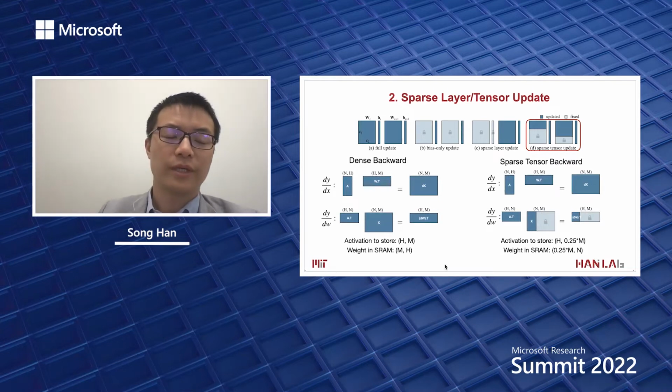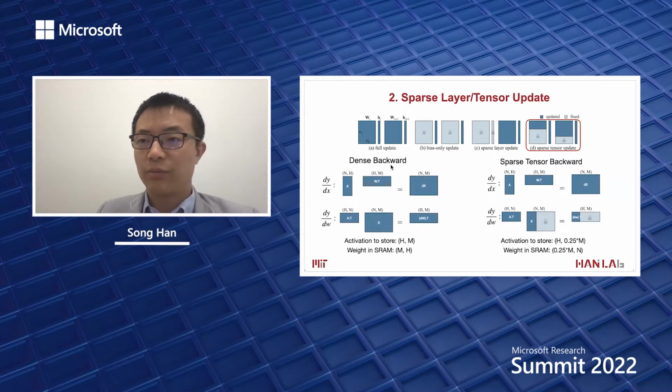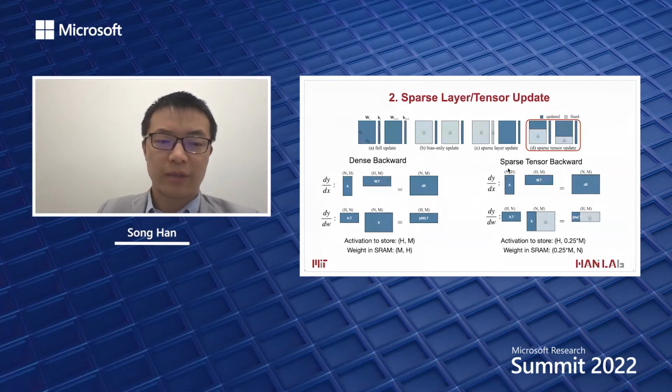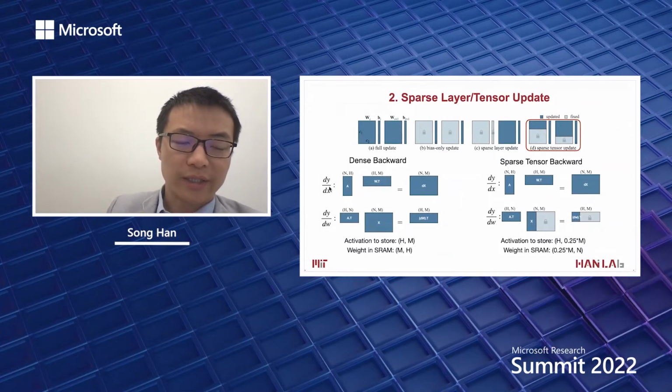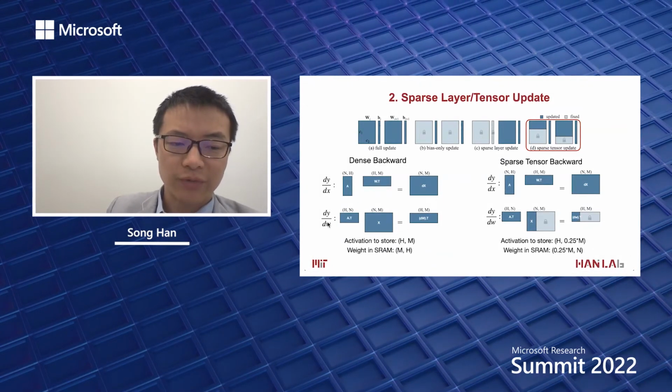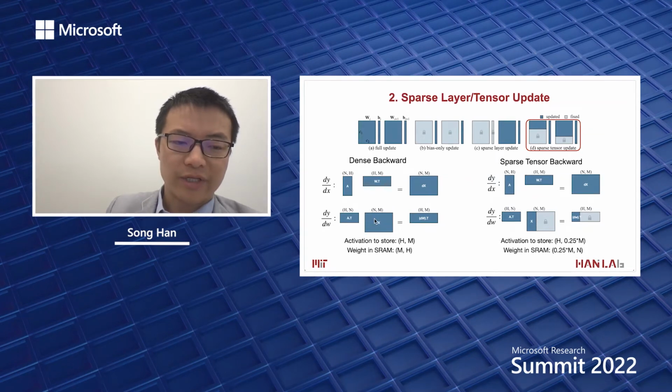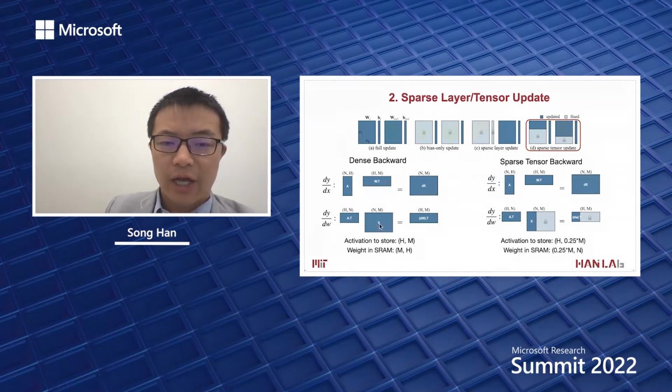Here on the bottom is the comparison of dense backpropagation versus sparse tensor backpropagation. In the dense version, when we are calculating dy/dx and dy/dw, we have to store all the activations, right? For a sparse tensor update, since we are only updating the partial weight, this is a partial dw we want to update.